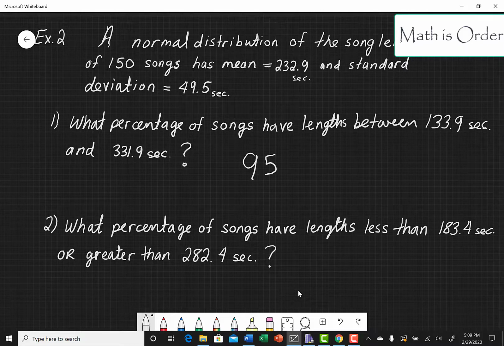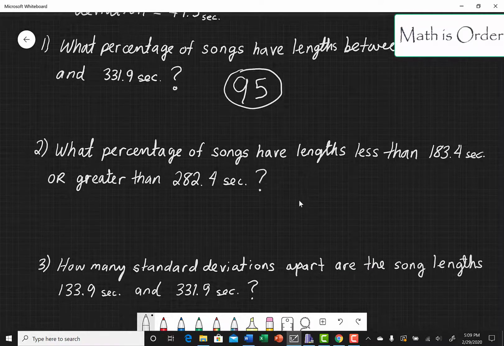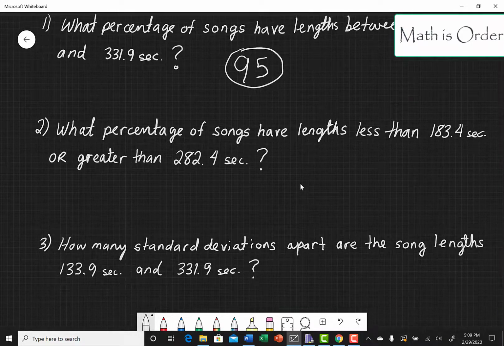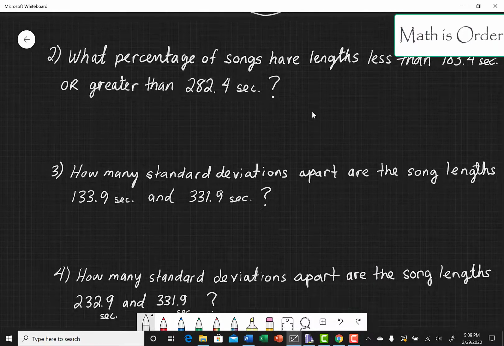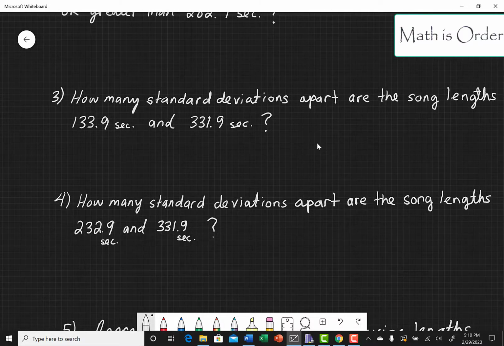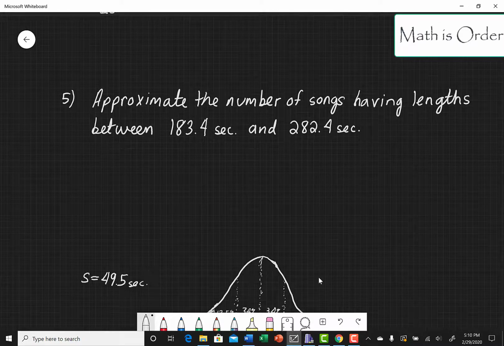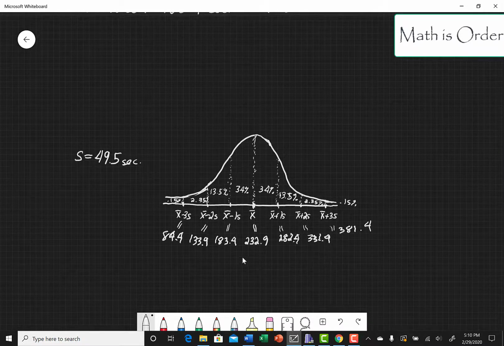Two, what percentage of songs have lengths less than 183.4 seconds or greater than 282.4 seconds? So less than 183 and greater than 282, that's all of this region or all of this region.